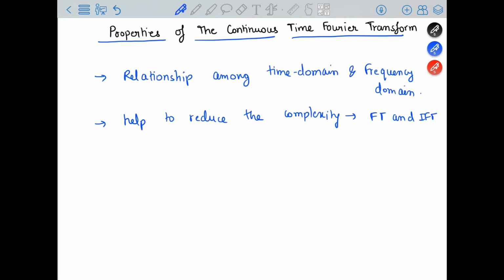So before going in depth into the properties, we will first write the Fourier transform pair so that you will get a better understanding of all those properties. We have already discussed the Fourier transform pair.